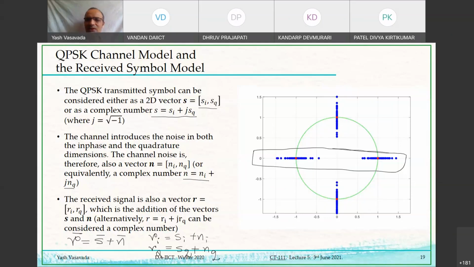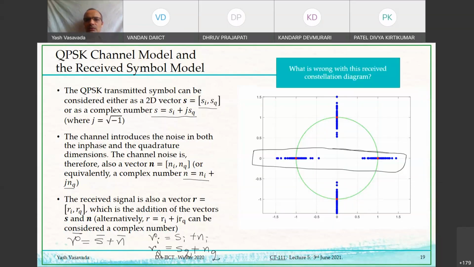Uh-huh. Good, Divya. Okay, fine. Vandan, do you have any question, comment? Yes, sir. I am saying that in BPSK we have only one direction in which we can have noise, but in this case, the noise can be in any direction.